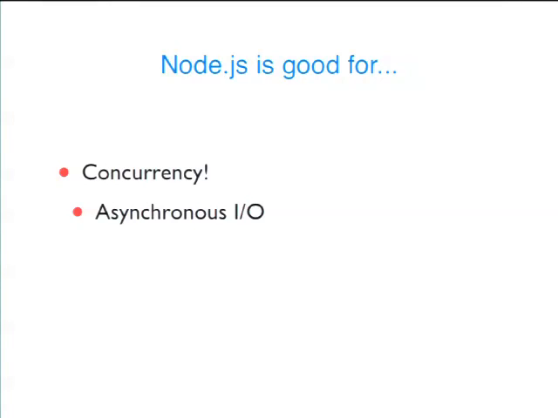Let's say that Justin and I are both on some kind of a chat, for example. I'm going to connect to the server saying, hey, I'm listening for chat messages. And the server is going to say, all right, you're connected, and then it's just going to wait. Node.js doesn't actually have to be doing anything with my connection. It just keeps track of my session ID and waits until it actually has something to tell me about.